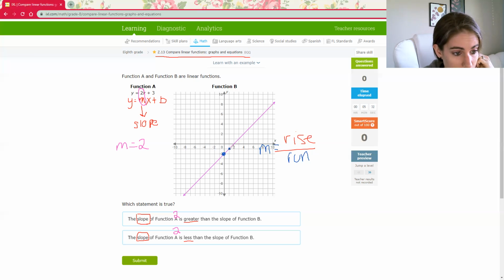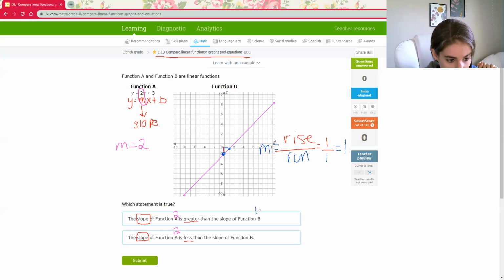It's right here. So my rise is 1, and my run is 1. So 1 divided by 1. Let's reduce that fraction. 1 divided by 1 is simply just 1. So the slope of function B is 1.